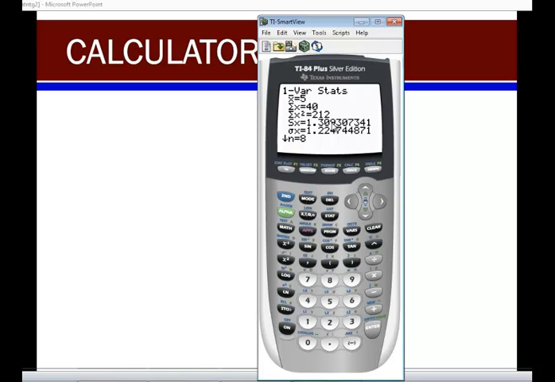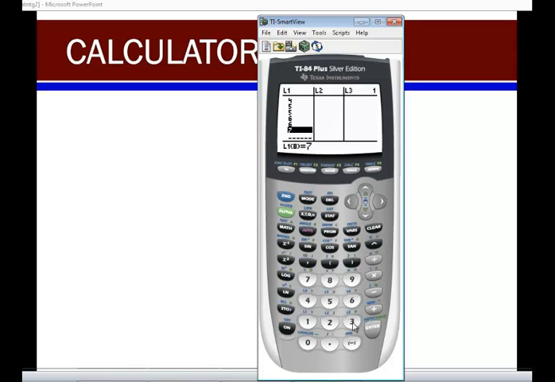So we can see those values listed right here on this screen for us. We enter our values in the calculator. Let me go through this one more time just to show you. I'm going to clear all my lists. You go Stat 1, and then you enter the numbers 3, 4, 4, 5, 5, 6, 6, 7.